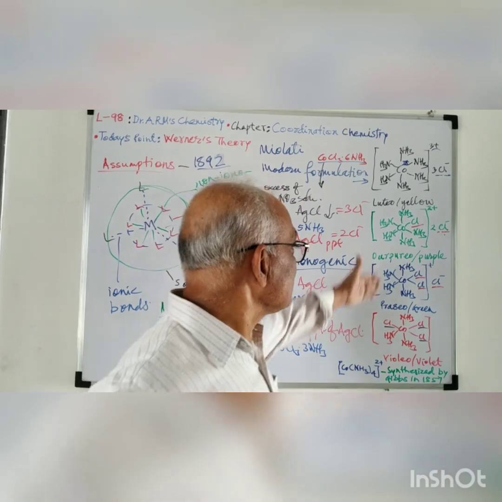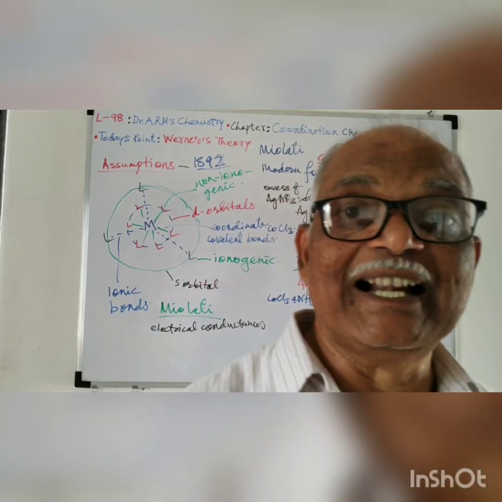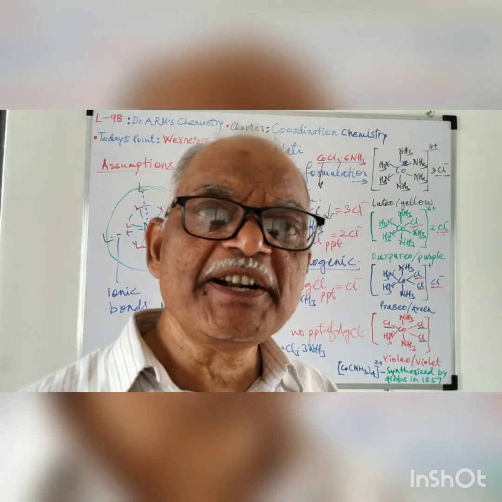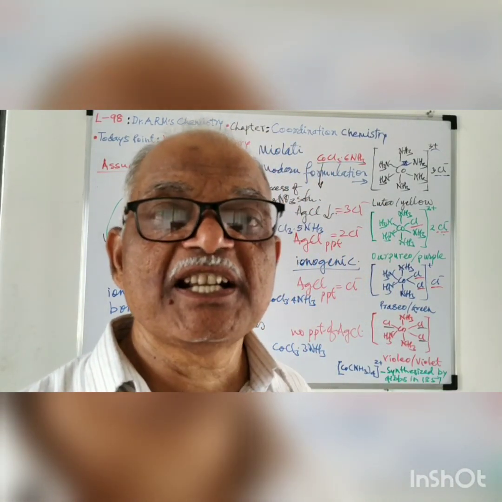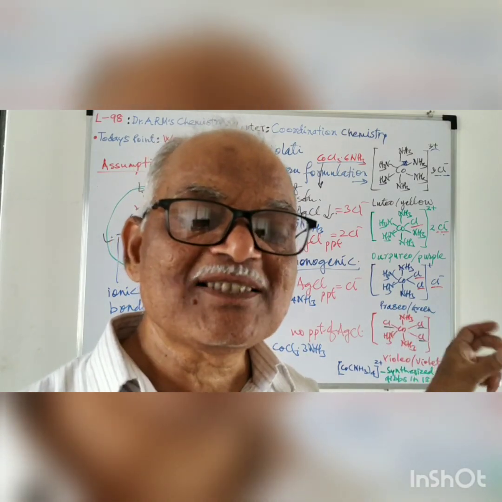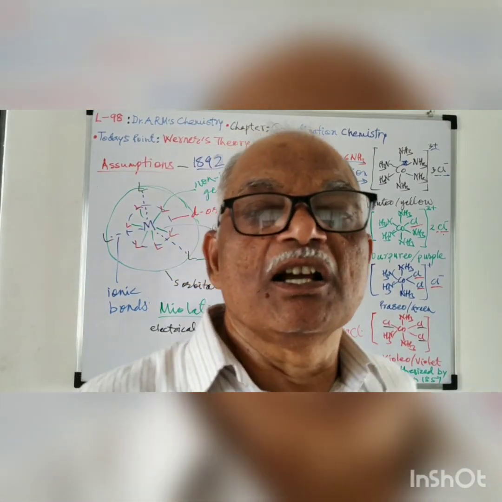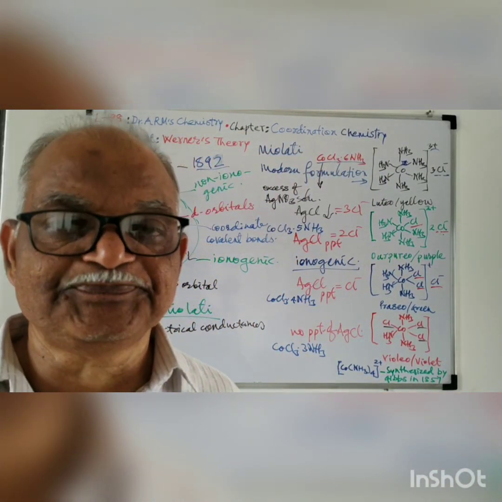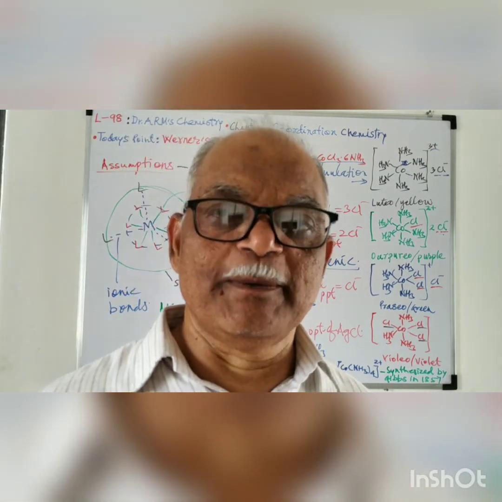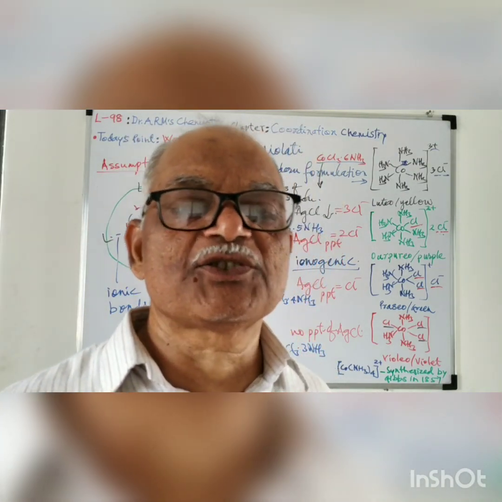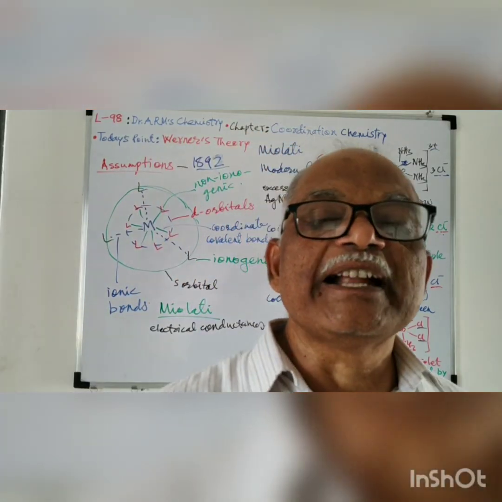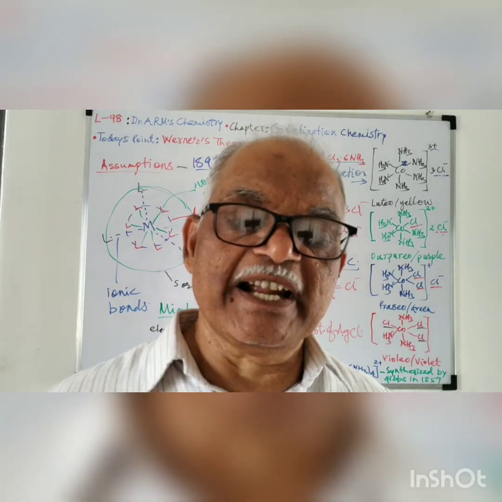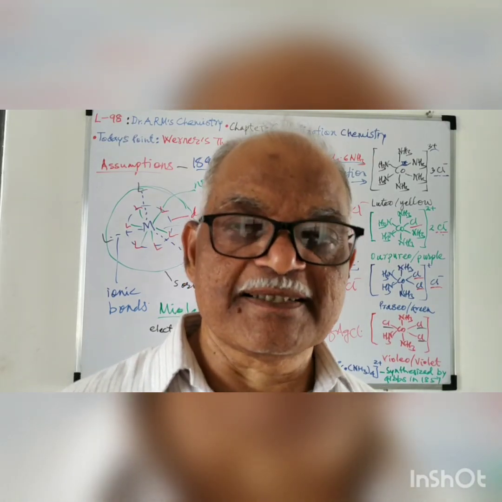The electrical conductances and all these facts show that the complex has coordination number 6 and is octahedral. But this octahedral structure is not supported by Jorgensen's chain model, because the chain model is not capable of explaining the octahedral structure, and therefore in 1907 Jorgensen accepted defeat and accepted Werner's concept.